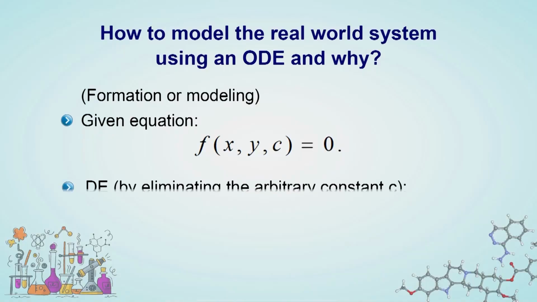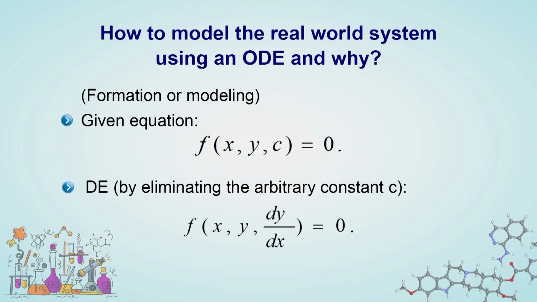First, we need to transform the system into an ordinary differential equation. How do we form an ordinary differential equation? We just need to eliminate c, because in this lecture we will study how to model by using ordinary differential equations.